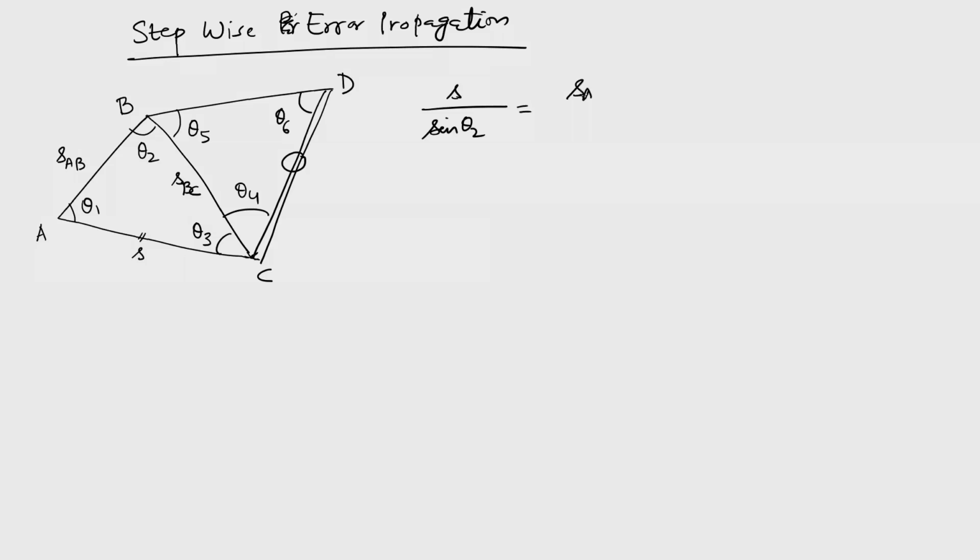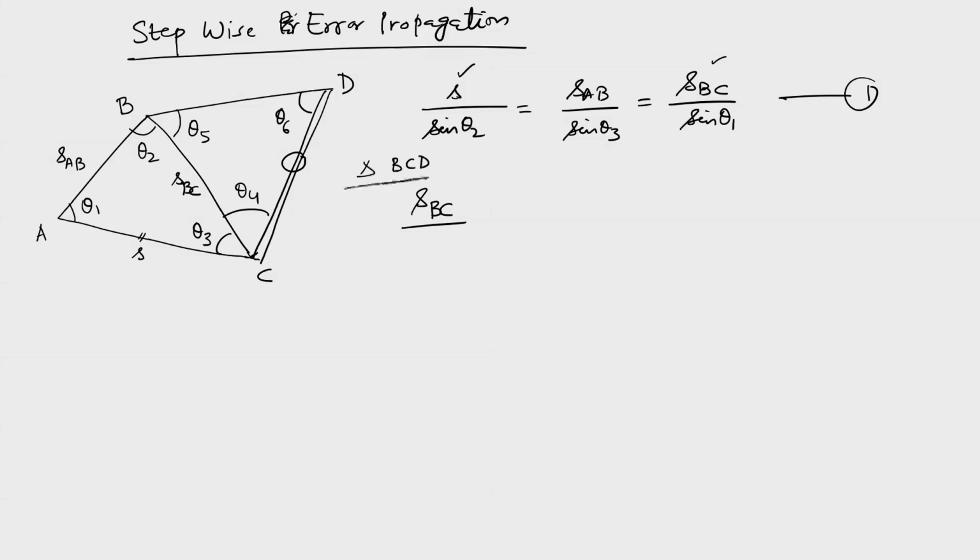So, I can now write SAB upon sine theta 3 and then SBC divided by sine theta 1. I know this distance measured in the field. I can calculate SBC, and that is equation number 1. Triangle BCD: I am writing this equation now, SBC divided by sine theta 6 equals, let us see, SCD, and this is SBD.